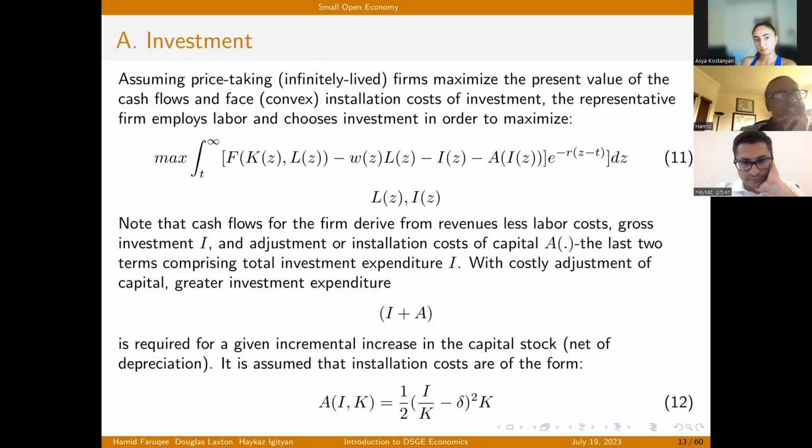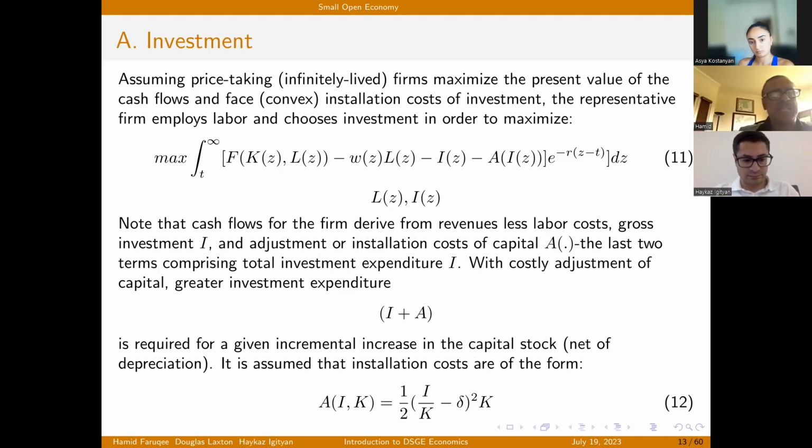So here is that investment problem that I mentioned, and it's a standard one. If you think of Tobin's firms maximizing the present value of net cash flows, their production minus their labor costs, minus investment, including A, which is the installation costs of investment.